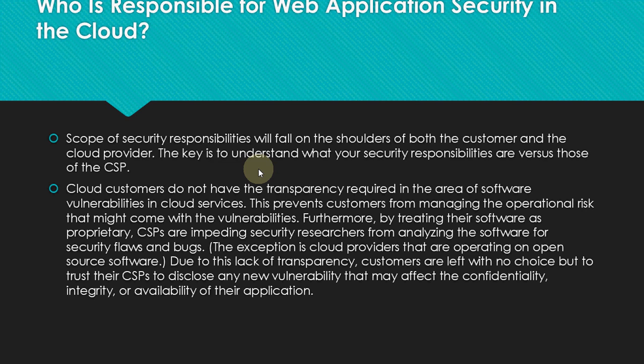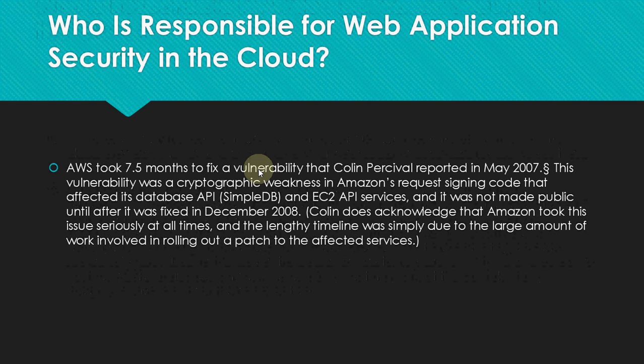The CSP's excuse is that if they make the code available, hackers will breach the security very easily. So there is no choice for the customer; they have to believe in the cloud service provider.